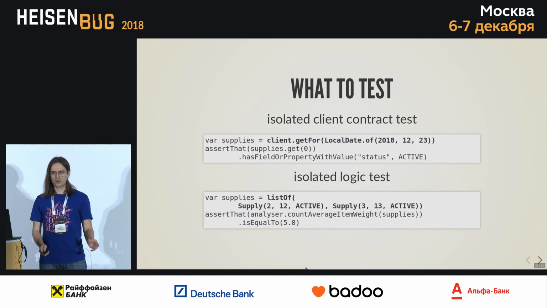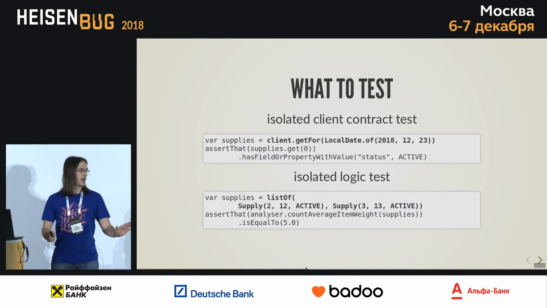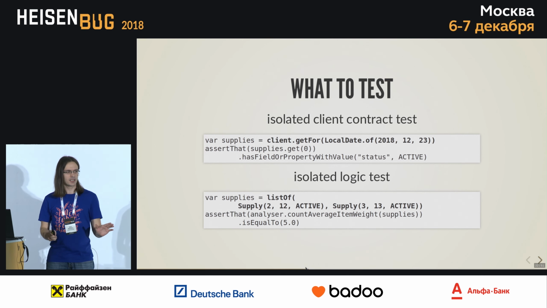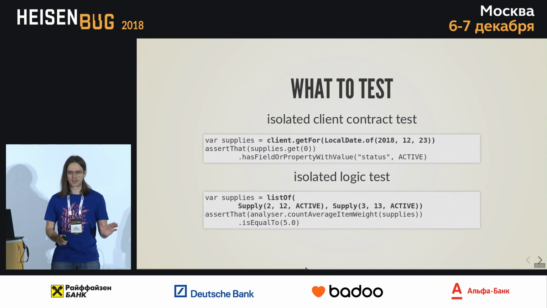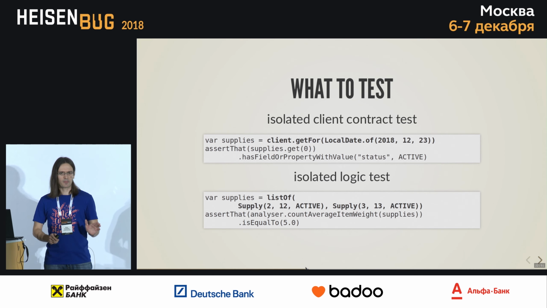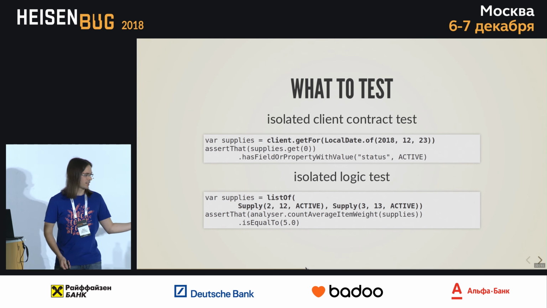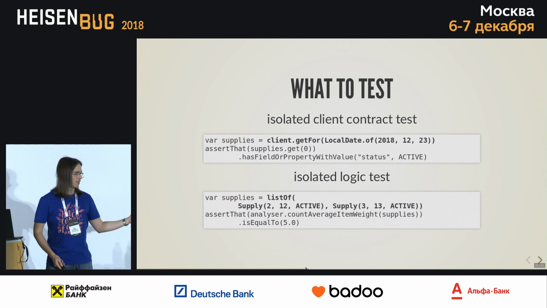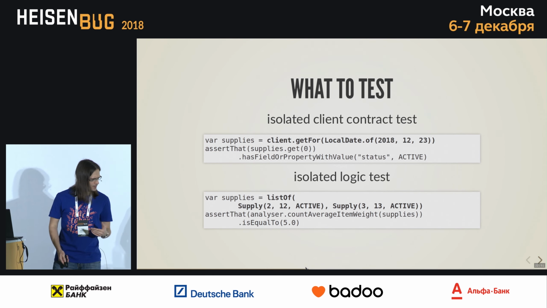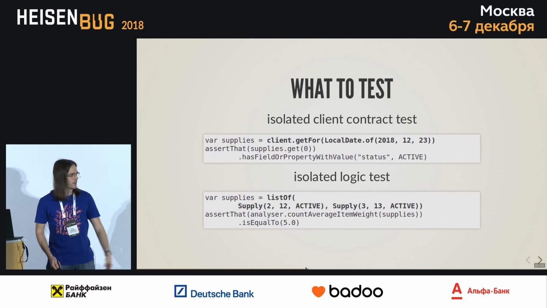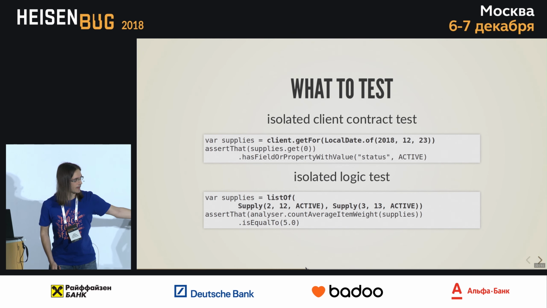So imagine we don't use it, and we write the contract test just to check the client. Then, apart from the contract test, we will need another unit test, a unit test for the business logic class. We have a hard-coded list of input to the business logic, and we check the output of the business logic. And now imagine those two tests pass.